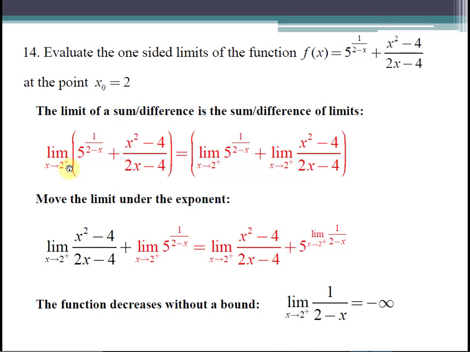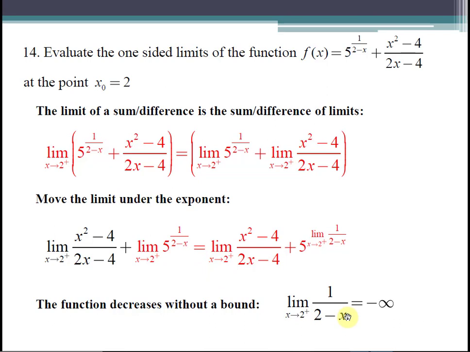So here, firstly, let us consider the right-sided limit. So here, 2 plus, and now we can write it separately as the sum of two limits, and move the limit under the exponent.